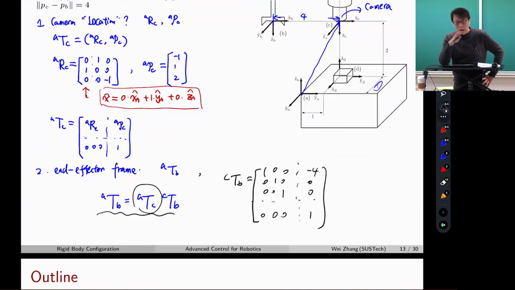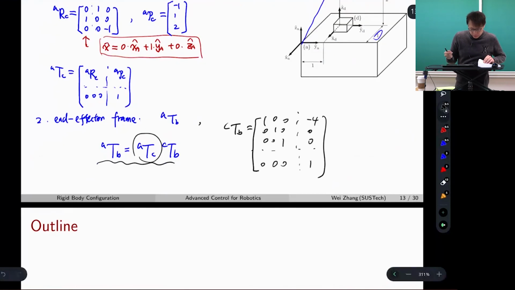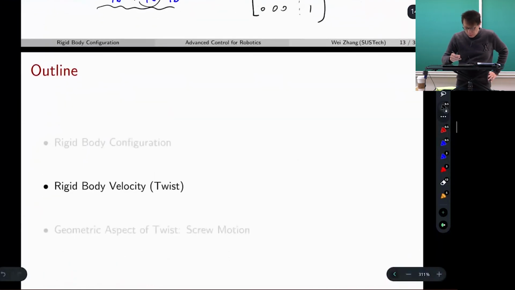Otherwise, you need to memorize everything. You need to summarize some kind of rules, but understanding the foundations is very important. If no questions, let's move on to the next very important topics.